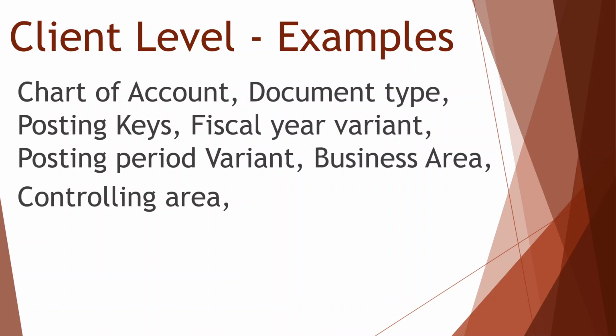Document type, the two-digit alphanumeric key which is used to denote a particular kind of business transaction: SA, DA, DZ. There are so many document types. AA, SAB. Then posting keys, fiscal year variant, posting period variant, business area, controlling area.